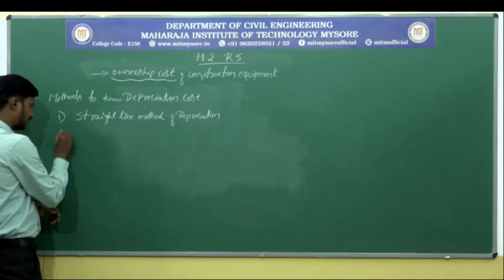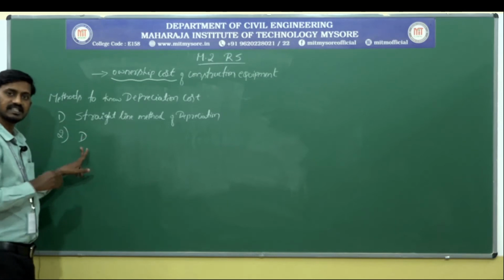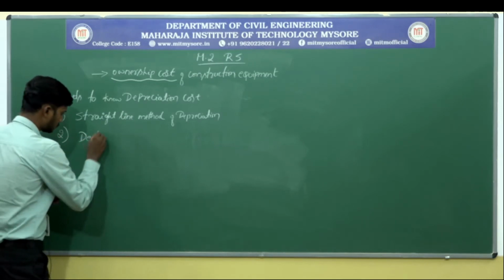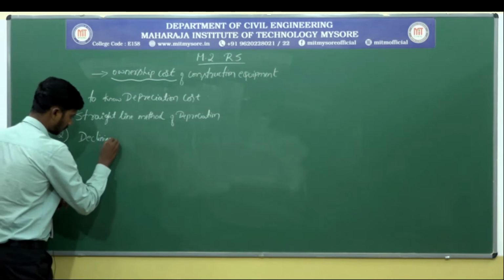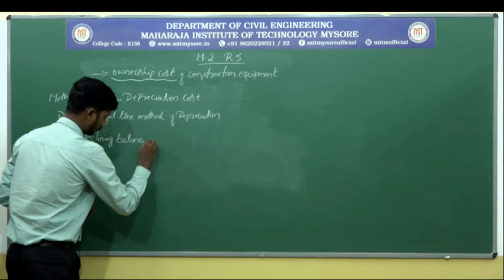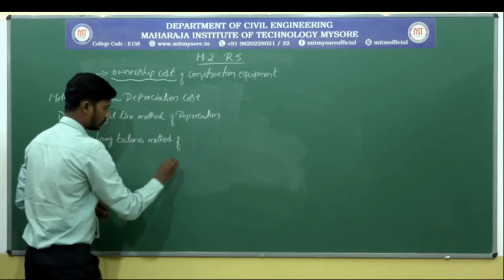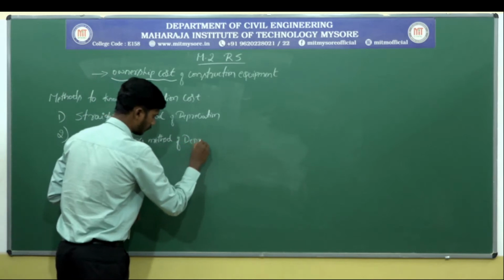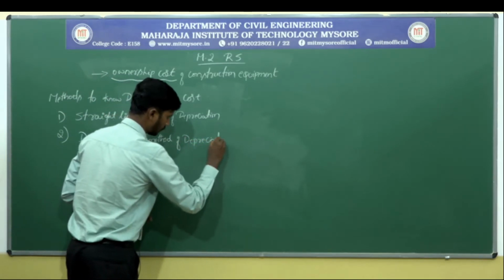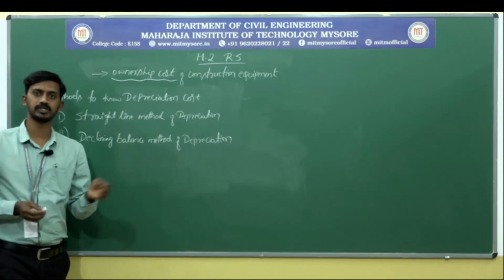The second one is the declining balance method of depreciation.